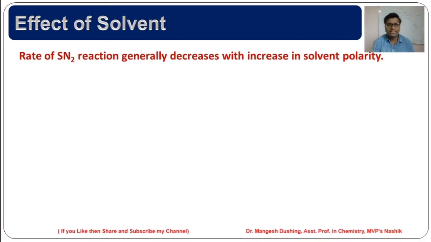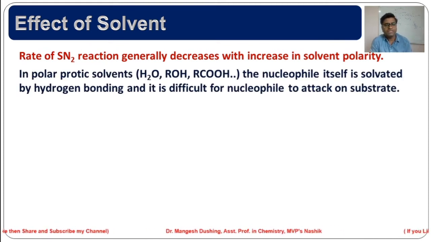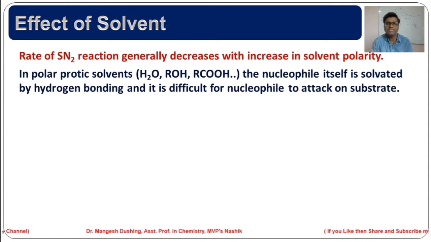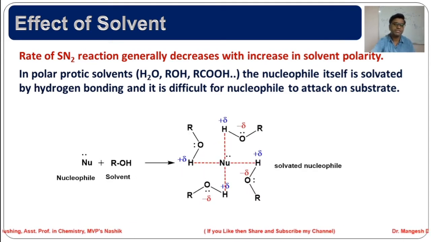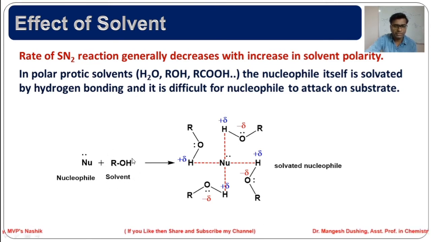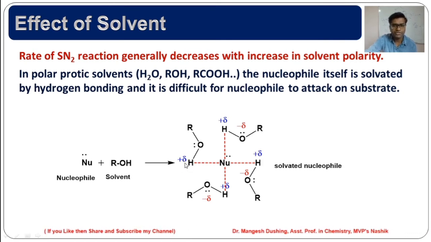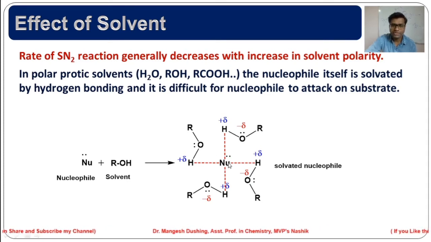Friends, the SN2 reaction rate generally decreases with increasing solvent polarity, because in polar protic solvents like H2O, ROH or RCOOH, the nucleophile itself is solvated by hydrogen bonding, and it is difficult for it to attack the substrate. Suppose this is a nucleophile in a polar protic solvent. The solvent contains hydrogen, which is electropositive, and the nucleophile is negatively charged or electron rich, so they form a hydrogen bond, a weak electrostatic bond.